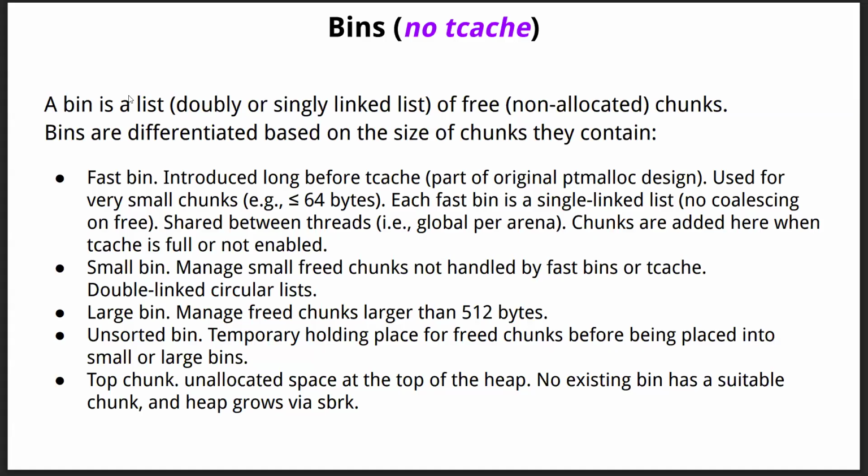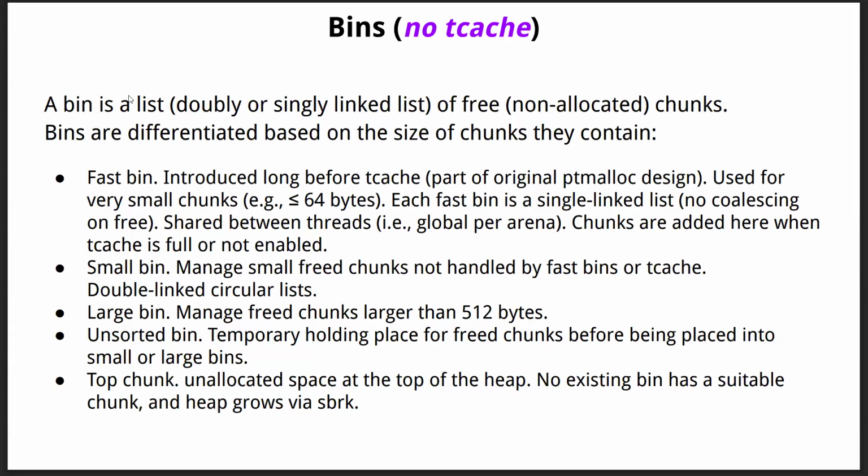If you ask for 32 bytes, it will look for the list of available 32-byte memory regions. It will not look through a bigger list which has 32 bytes, 500 bytes, 1000 bytes. That will be slower, right? So that's why there are some names for it: fast bins, small bins, large bins.